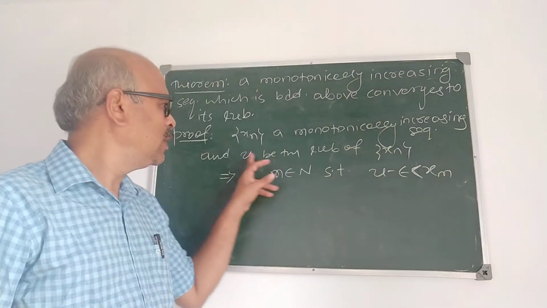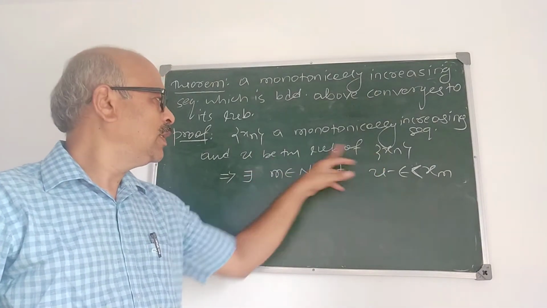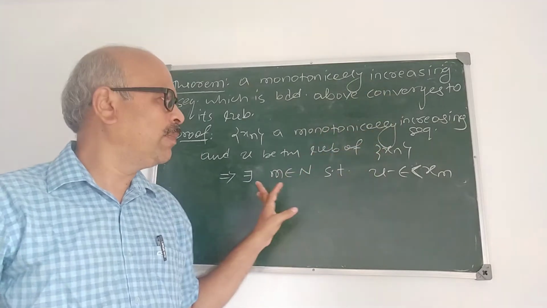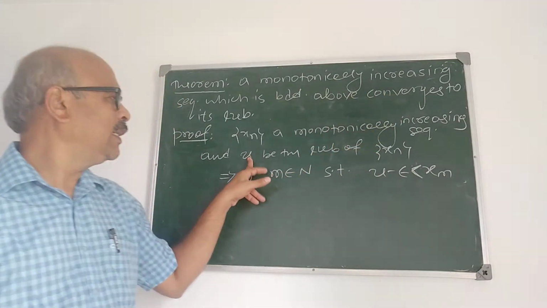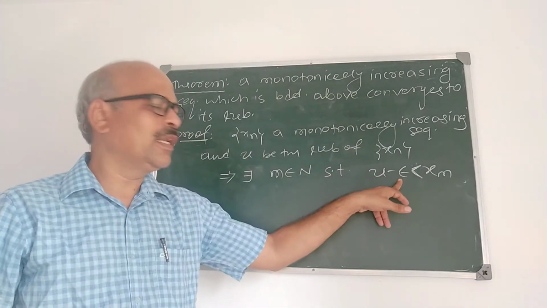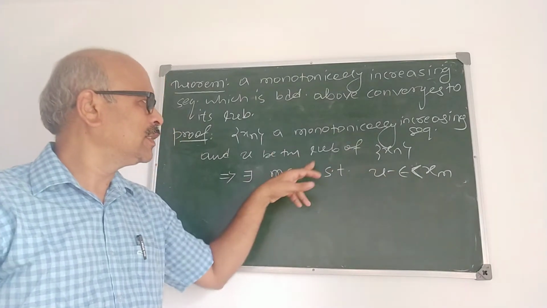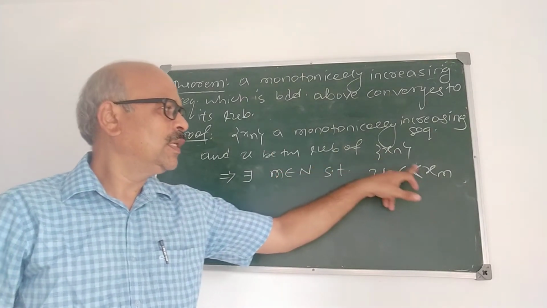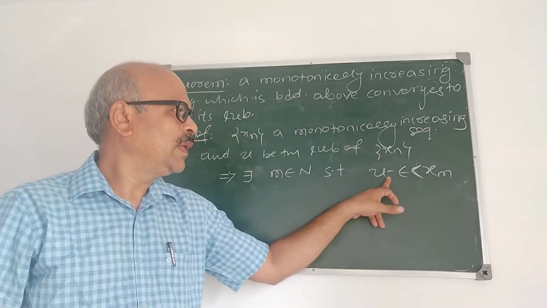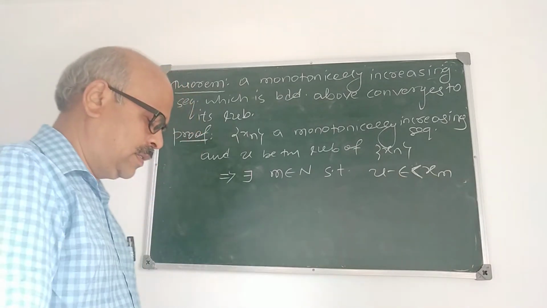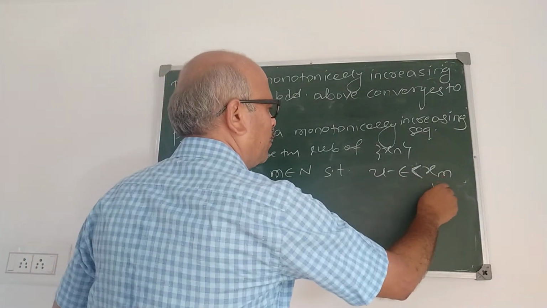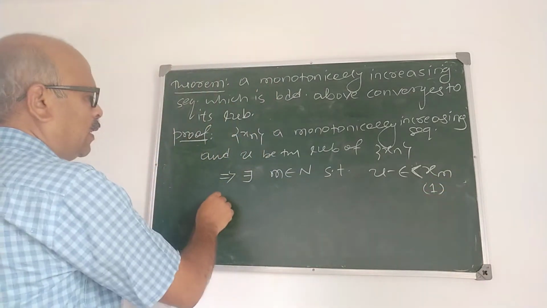Try to understand this. U is the least upper bound means U is the least of all the upper bounds. Any number slightly less than this is not an upper bound. That means there exists some member of this sequence which is greater than u minus epsilon. Take this as 1.